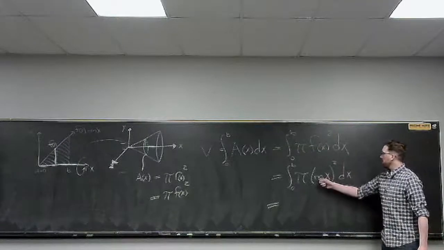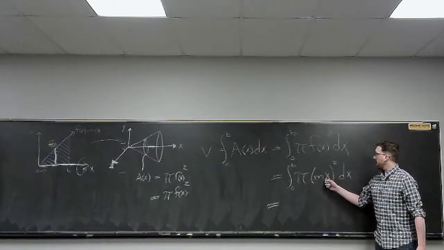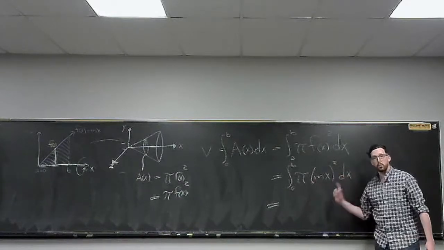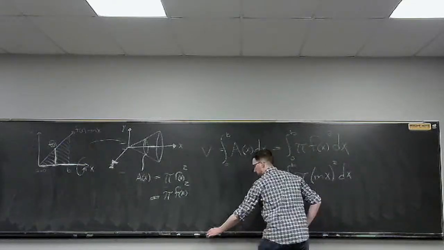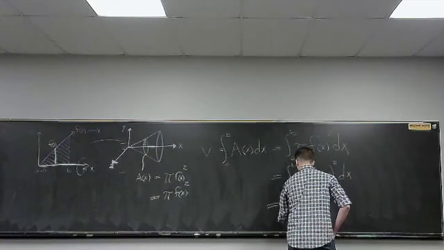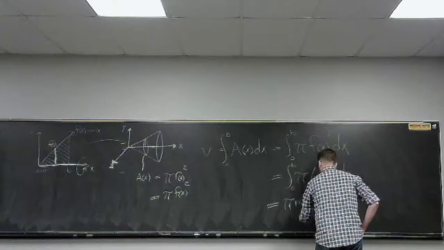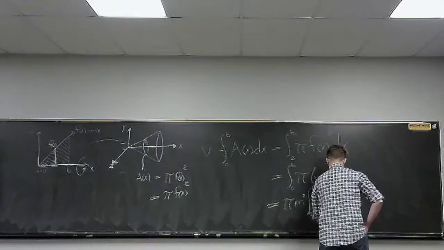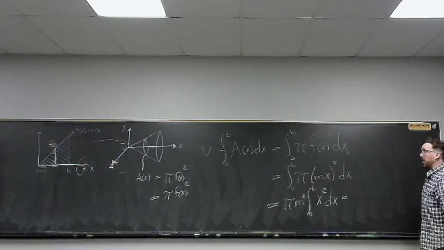Once we distribute the square onto the m and onto the x, we'll see that pi times m squared is a constant, so we can pull those out to get the following integral.